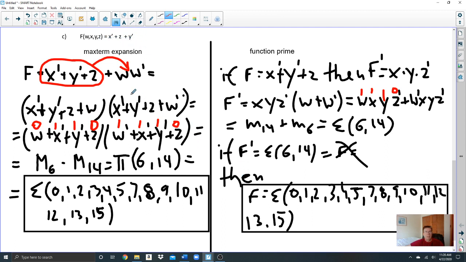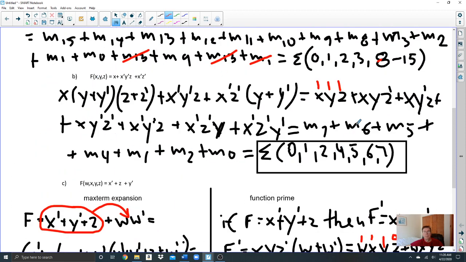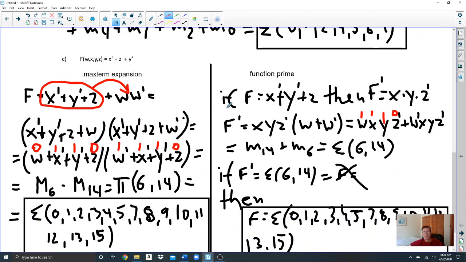Now, this is kind of illegal because we did maxterm expansion, which we were not allowed to do. So let's see if we can expand this function using the minterm expansion, except with a shortcut trick. Look what I did. I'm taking this function right here.